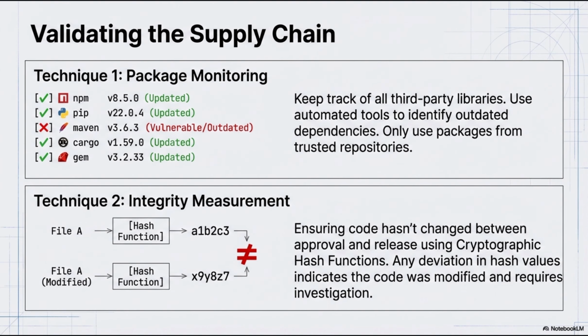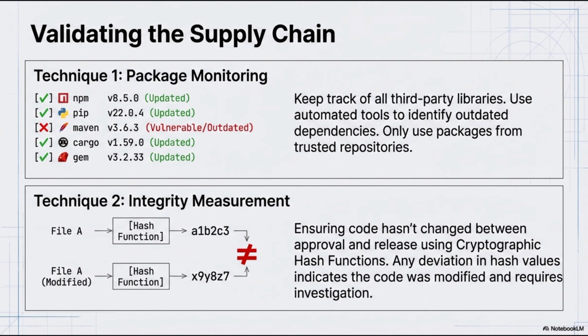Now, validating the supply chain, you can do this through two techniques. Package monitoring, which is where you keep track of all your third-party libraries. You're going to want to use automated tools to identify outdated dependencies and only use packages from trusted repositories. And the second technique is integrity measurement, which is ensuring code hasn't changed between approval and release using cryptographic hash functions.